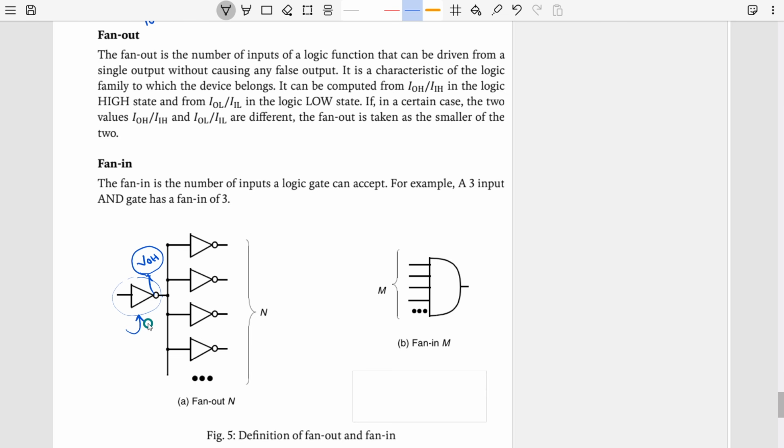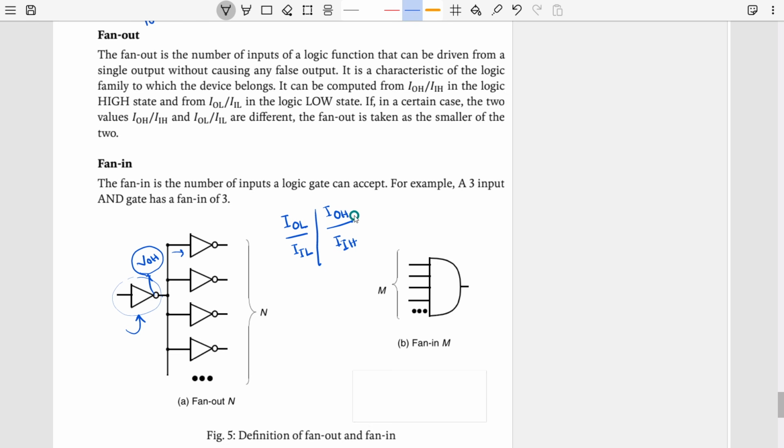How can we calculate it? We can simply calculate using this formula, IOL divided by IIL, or IOH divided by IIH. Why is that? This one is the maximum amount of current a gate can provide when it is trying to provide a high signal, and this is the amount of current a particular gate consumes when it is getting a high signal.